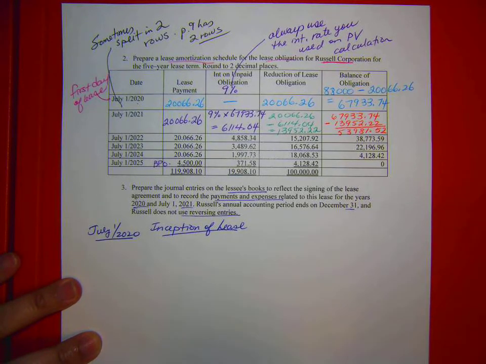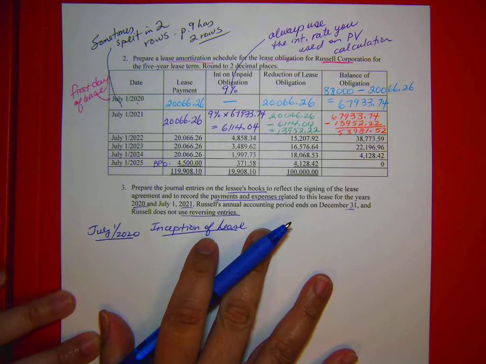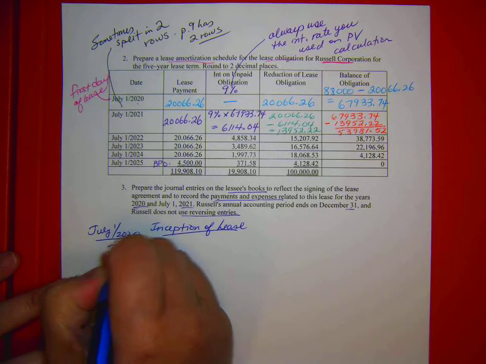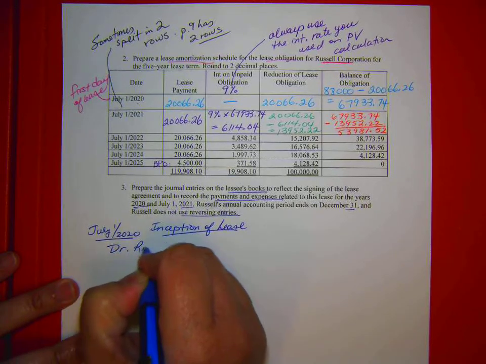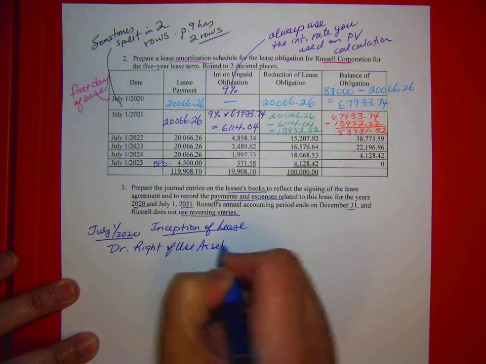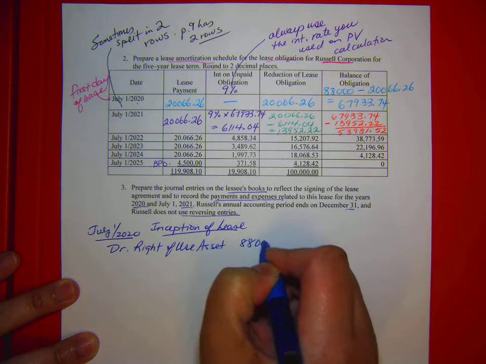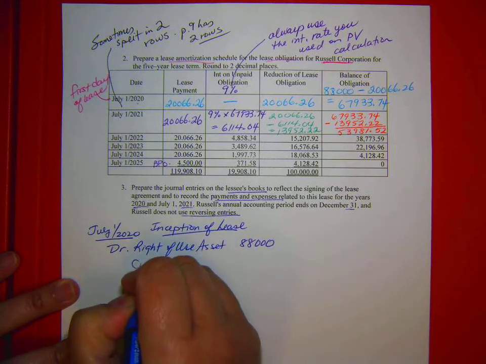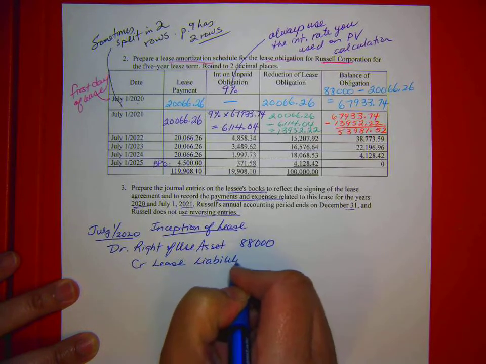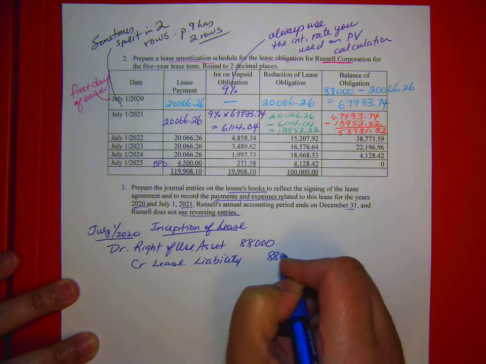So, besides setting up the lease, we're also making the payment today. So I'm going to show you them separately, then I'll combine them, okay? So I'm going to do inception of the lease 1. So we're going to debit right of use asset for 88,000 and credit lease liability for 88,000.